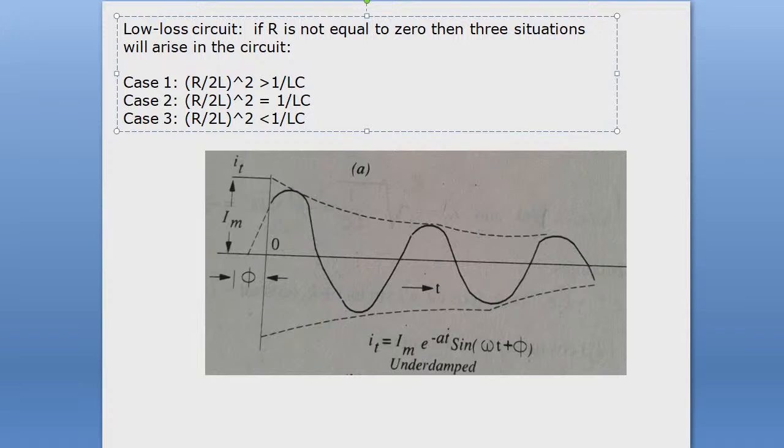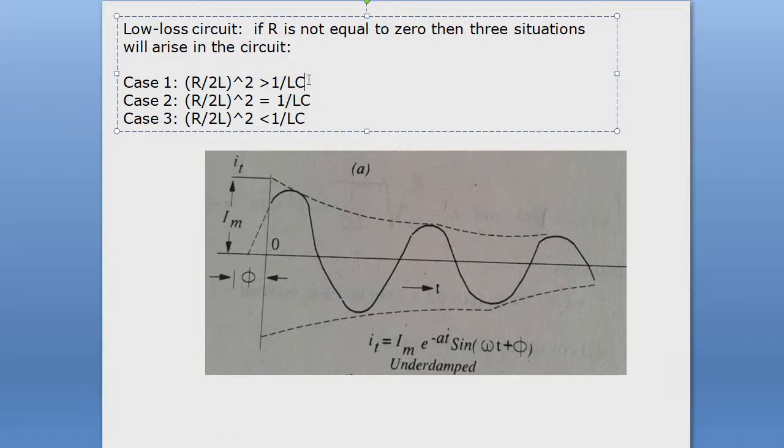If R is not equal to 0, then we will get a lossy circuit, but with different types of loss: high loss, low loss, or medium loss, depending on the factor within the square root: (R by 2L) whole square greater than, equal to, or less than 1 by LC.